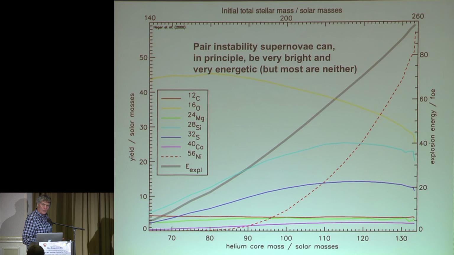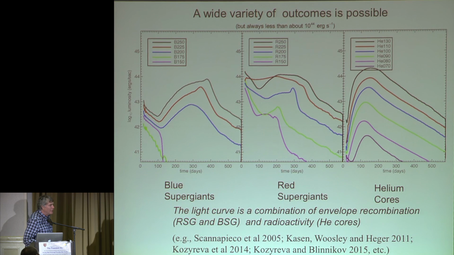So people are fond of those for powering superluminous supernovae, but they are the exceptional case. Most of the pair instability supernovae would be down here, where the IMF makes more of them, where mass loss doesn't kill more of them. But in extreme cases, you can get ultraluminous supernovae from radioactivity or from kinetic energy. And so if you just have bare helium cores, the whole light curve is due to radioactivity.